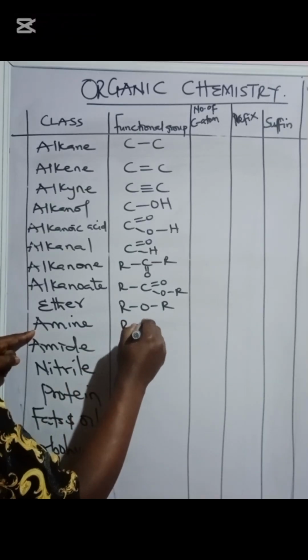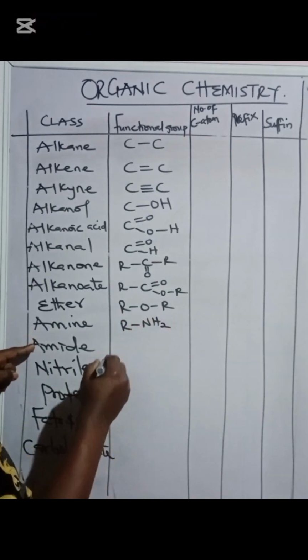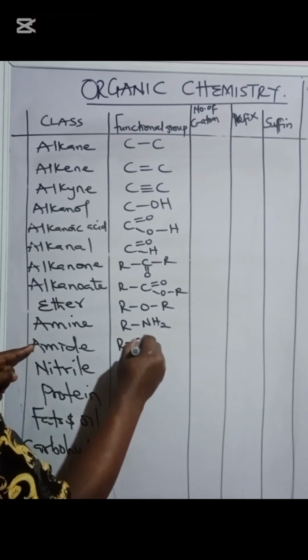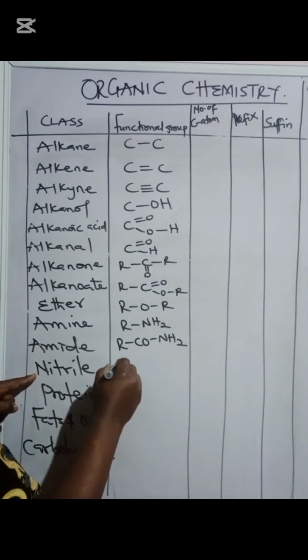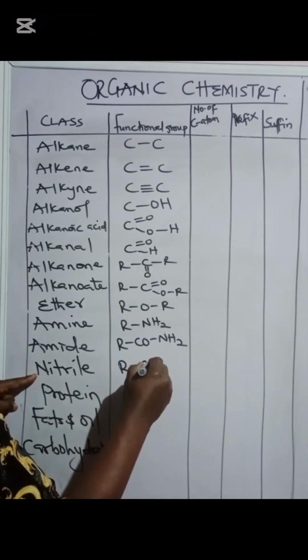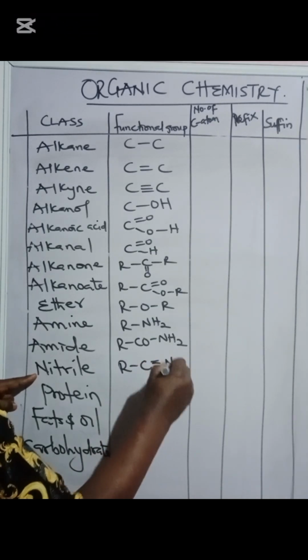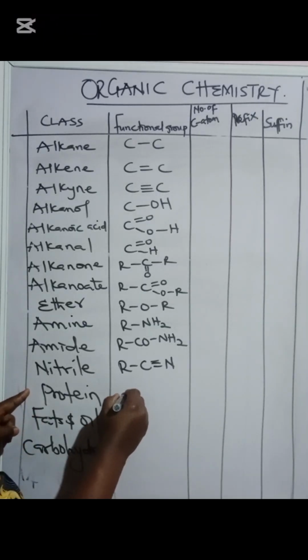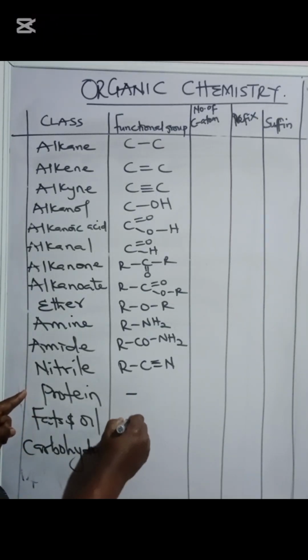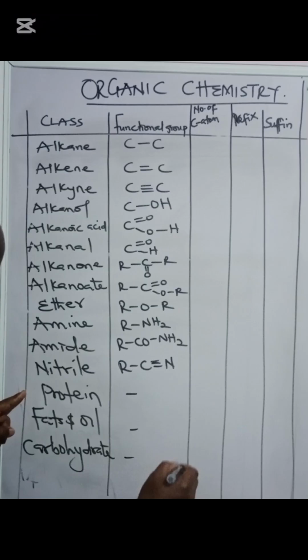Amine, RNH2. Amide, RCONH2. Nitrile, RC triple bond N. Okay, this one, no specific for now. We shall look into this.